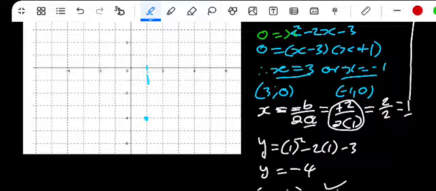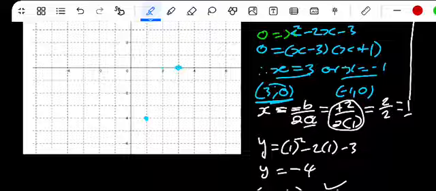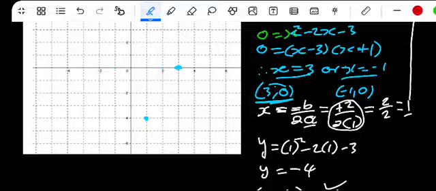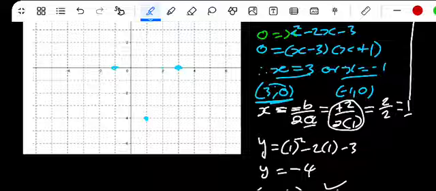Also we have 3 on the x-axis, 1, 2, 3, and there is our point. Then -1 and 0, here we'll have our second point.